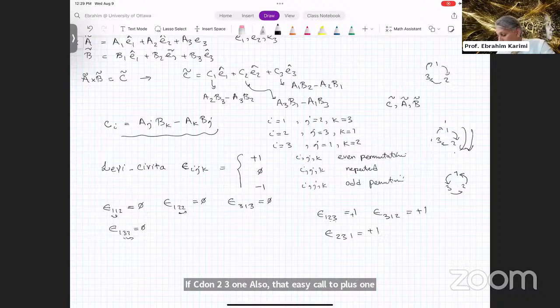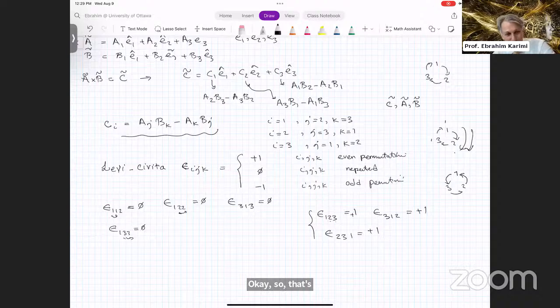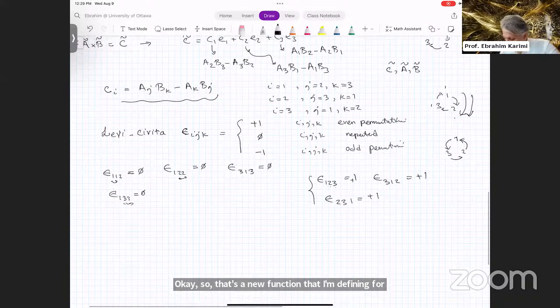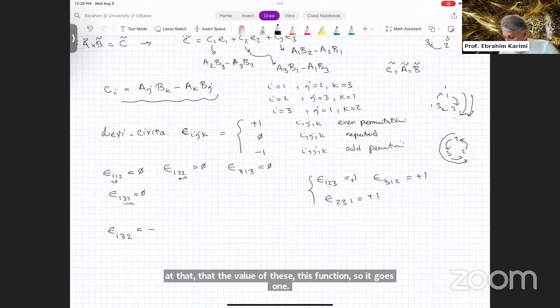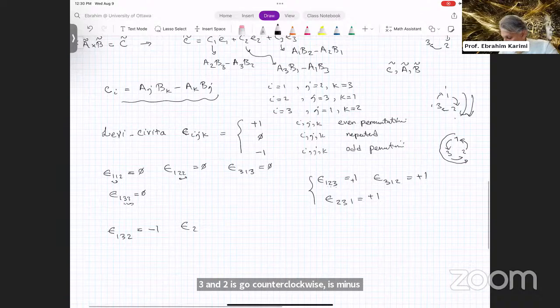So that's a new function that I'm defining for you in the discrete basis. But if you look at epsilon 1, 3, 2, it goes 1, 3, and 2, counterclockwise, so it is -1. Epsilon 2, 1, 3 is also equal to -1.